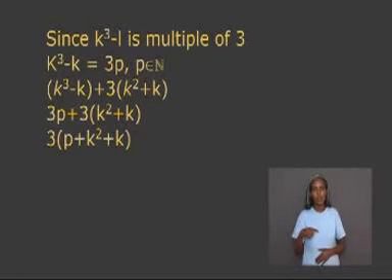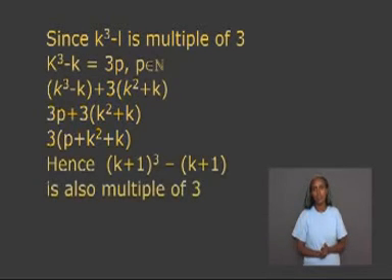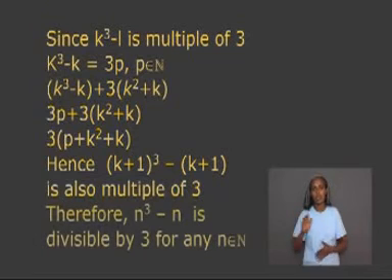We can factor and write this as 3 times the sum of p plus k squared plus k. Therefore, (k plus 1) cubed minus (k plus 1) is also a multiple of 3. We have made our proof.